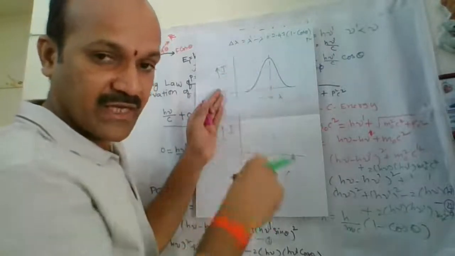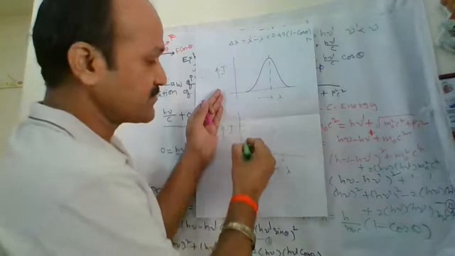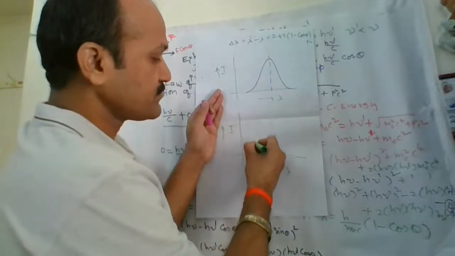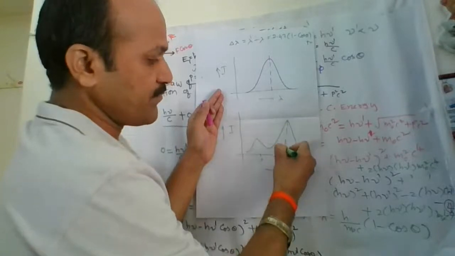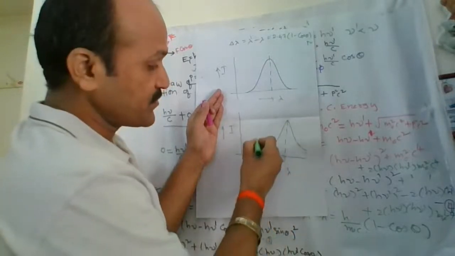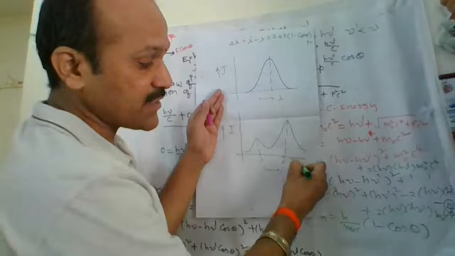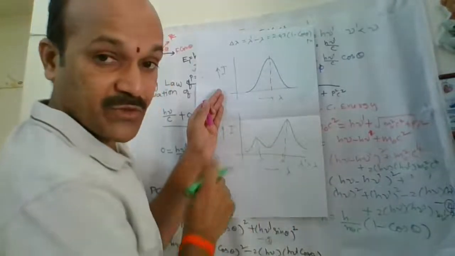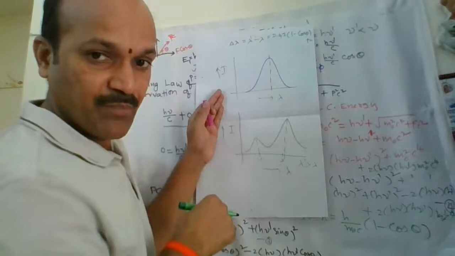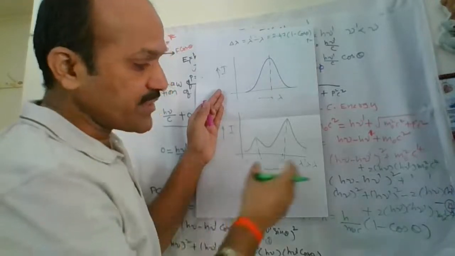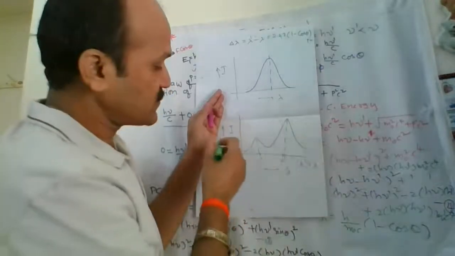Wavelength shifted. If you draw the graph, you must show some shift. This is lambda dash, this value is lambda. Lambda dash is greater than lambda. Nu dash is less than nu. Energy is less, frequency is less, wavelength is more. If you take 90 degrees, more shift takes place.